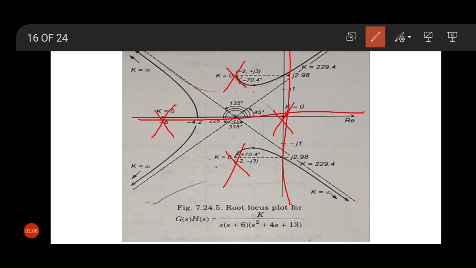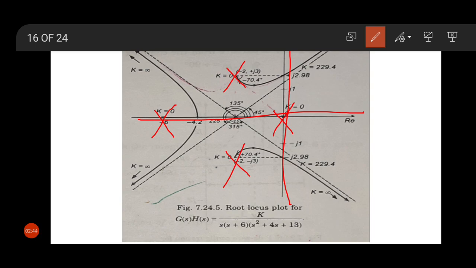Now identify the portion of the root locus. So how will we identify the portion of the root locus? We take a point on the real axis, like here we take the point s equal to minus 6, and see the right side of that point. If we consider the point minus 6 and see the right side, there are 3 poles there, that means this is an odd number.